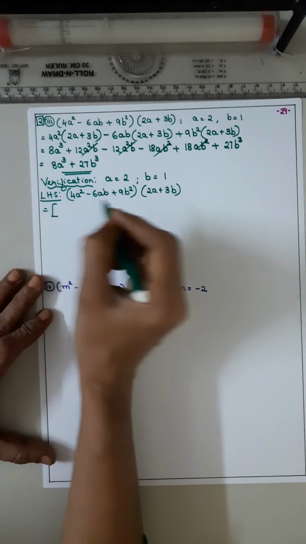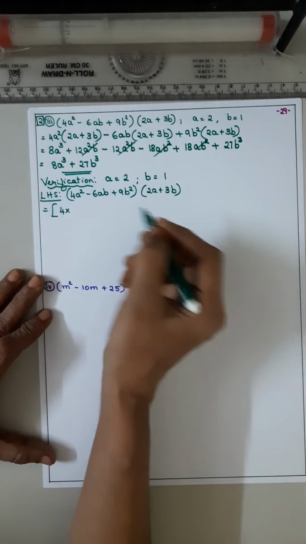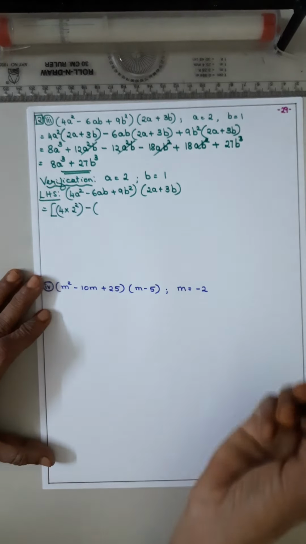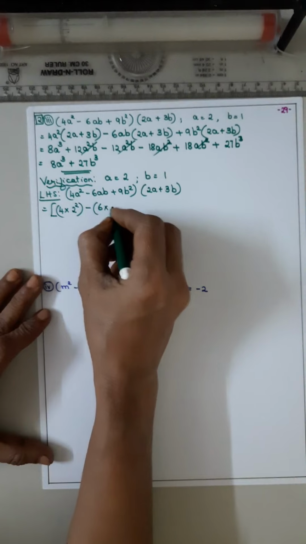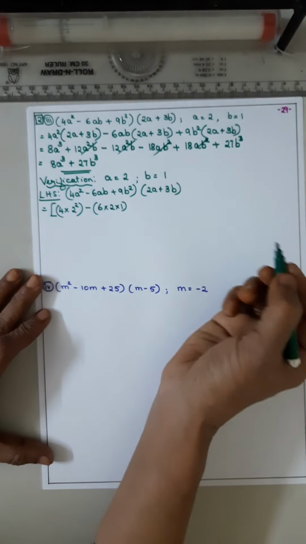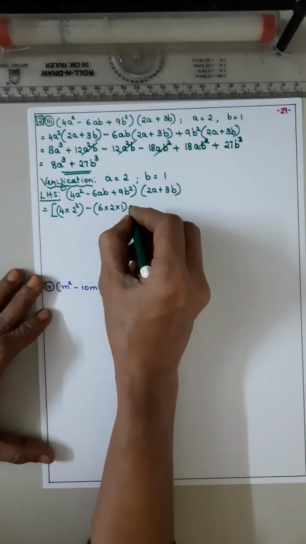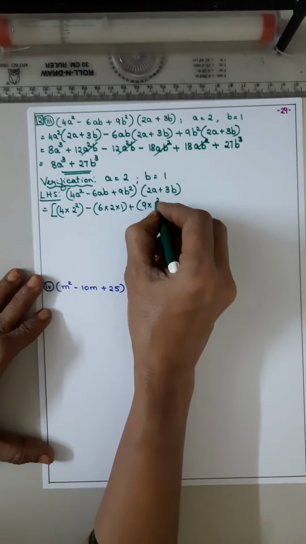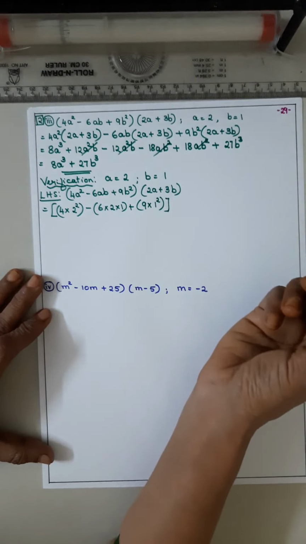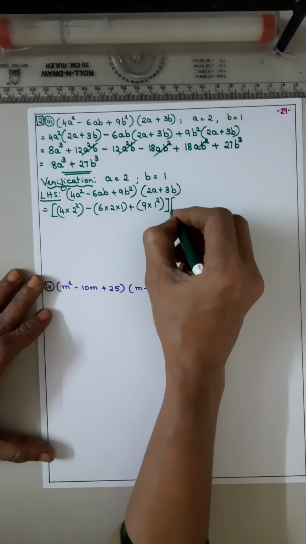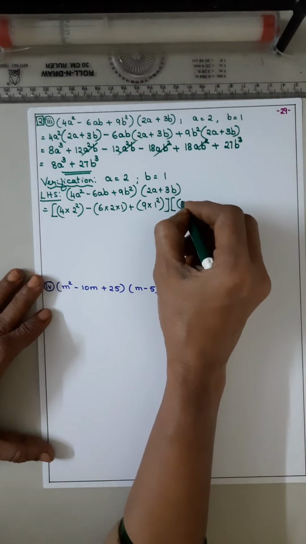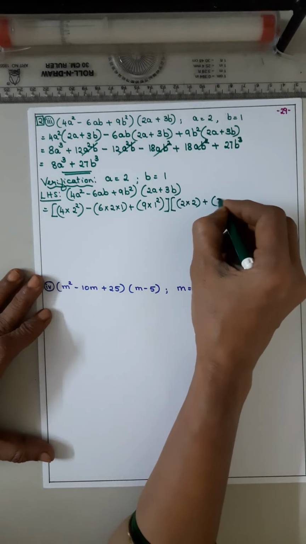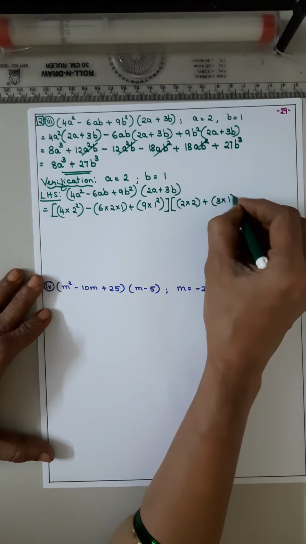Square bracket open, 4 into 2 squared within the bracket, minus 6 into 2 into 1, isn't it? Plus 9 into b squared, that is 1 squared. Bracket close. Now again square bracket open, 2 into a is 2, plus 3 into b is 1.